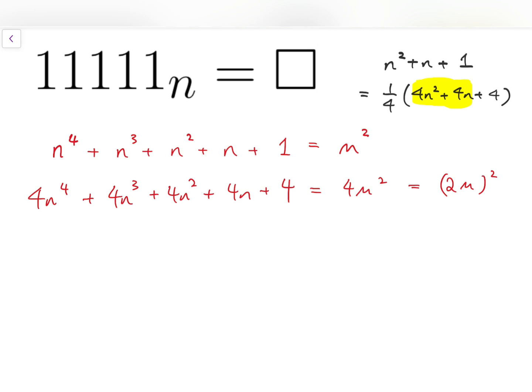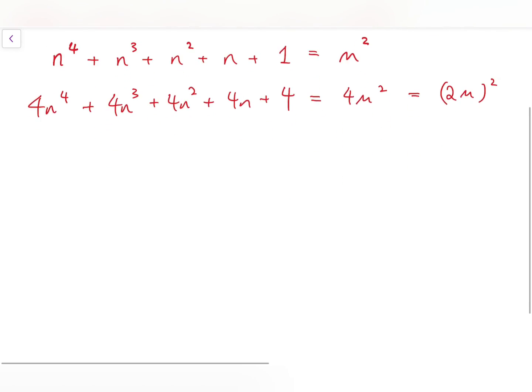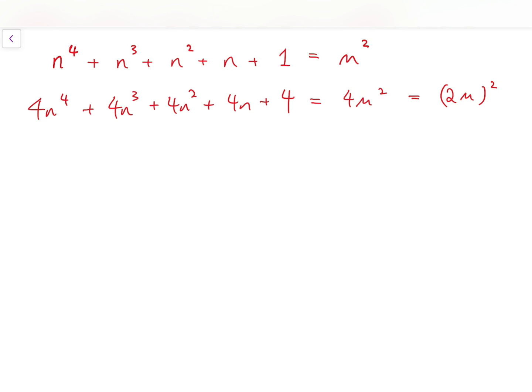I know it's not a perfect square of any quadratic expression, but let's try to make it as close as possible. So imagine we have some unknown times n squared plus some unknown times n plus some unknown, all squared. We'll make this as close to the left expression as possible. So let's say a, b, c.